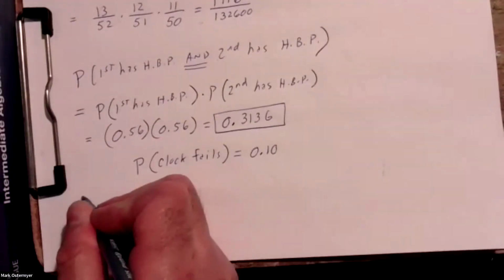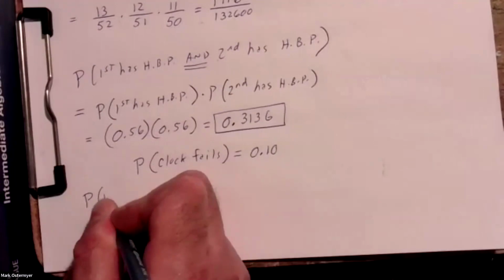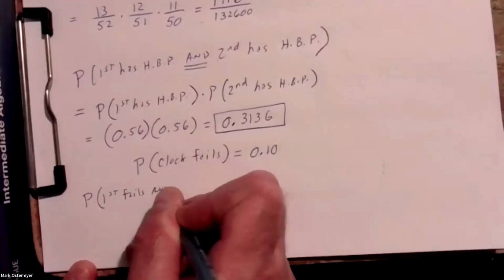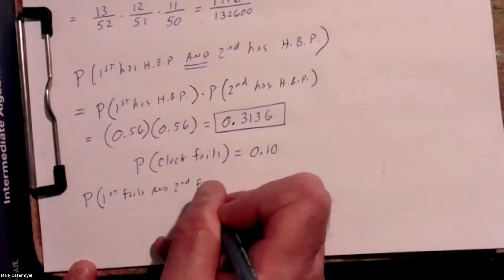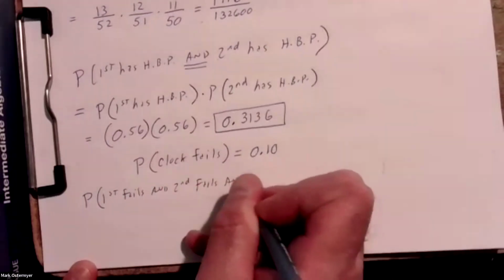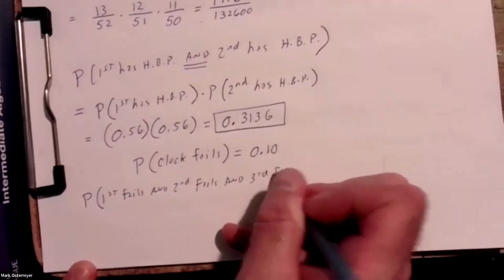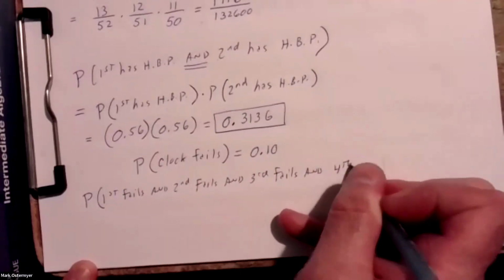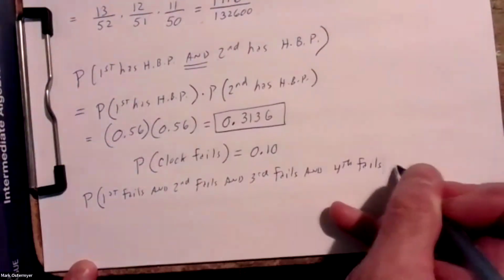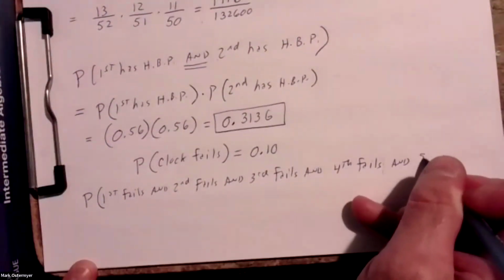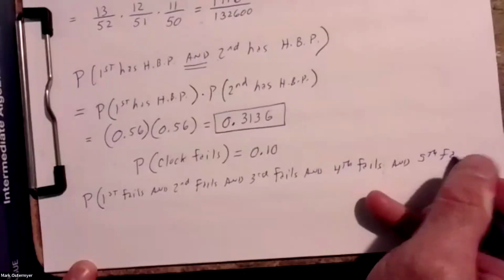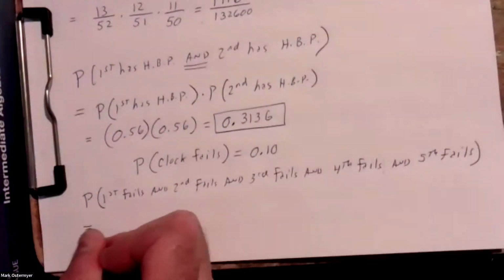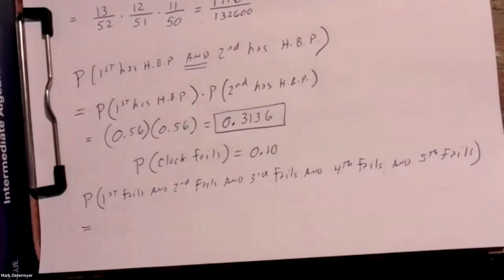I have a question for you then. What is the probability that the first fails and the second clock fails and the third clock fails and the fourth clock fails and the fifth clock fails? Got a question for you. Are these independent events? Are these independent clocks?